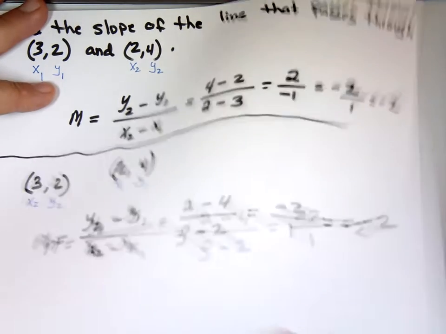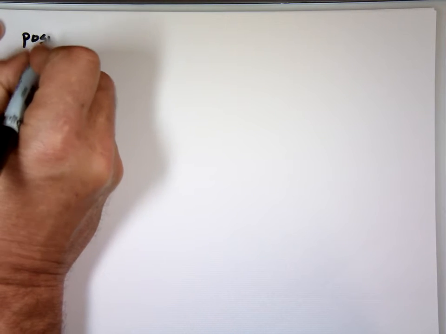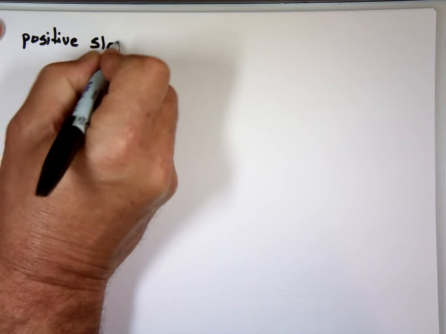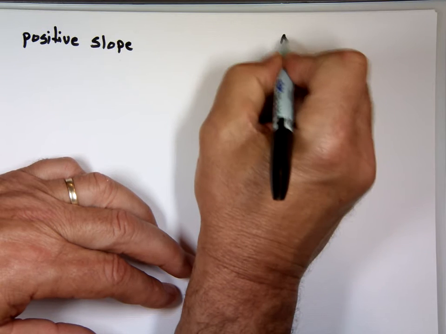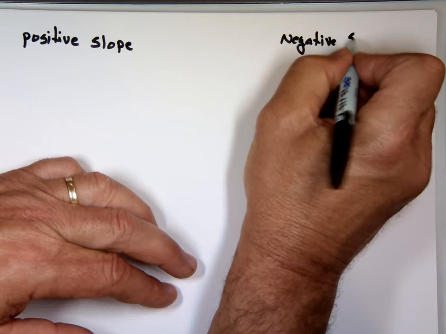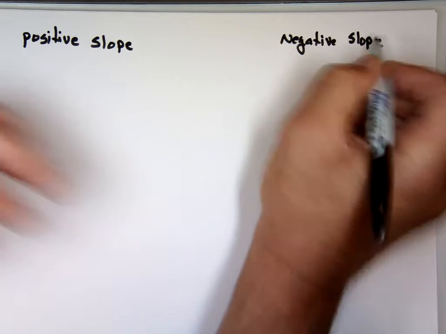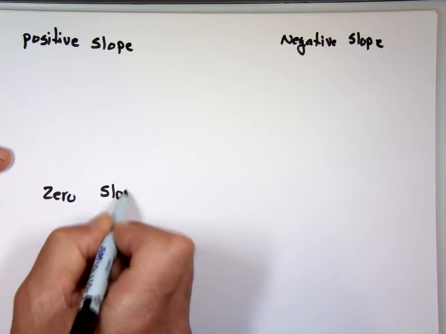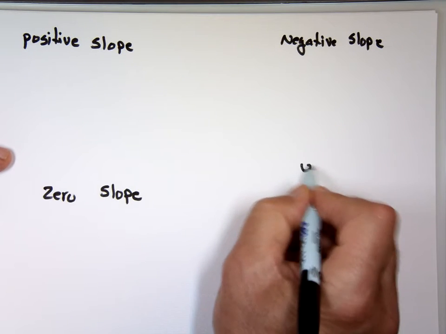Now, the slope, by the way, which I didn't mention: you could have 4 possible outcomes when you're calculating the slope. You could have positive slope, negative slope, 0 slope, or undefined slope.